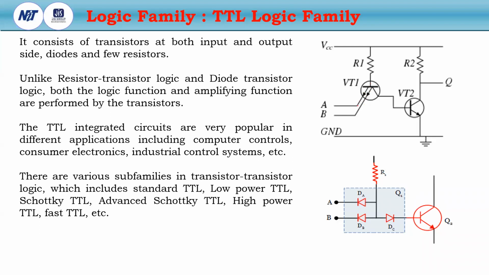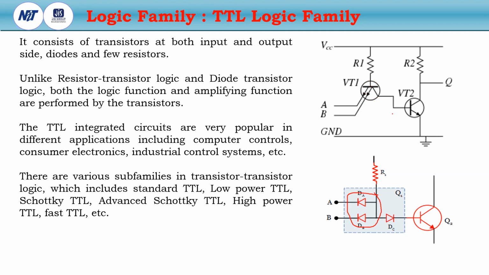This is P and this is N. This is P and this is N. So these two input emitter leads act as diodes in parallel configuration. Each is a PN diode. This two emitter transistor is nothing but this configuration.